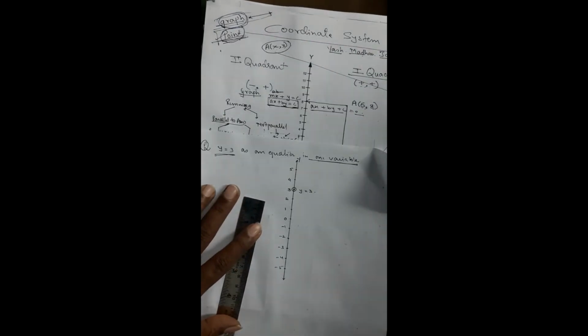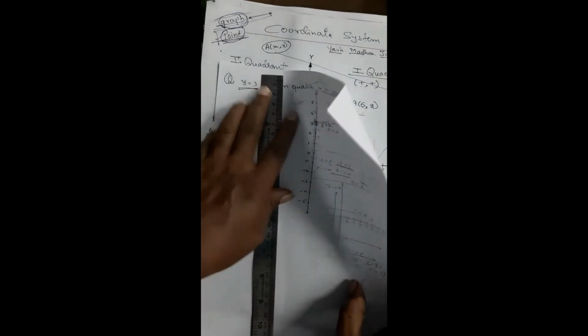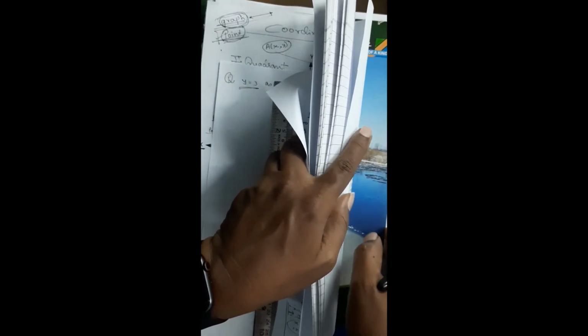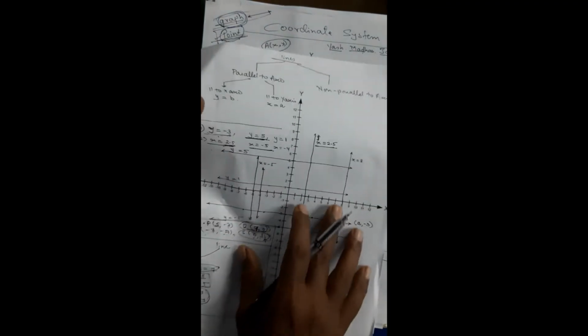But when they ask you to draw it in two variables, that is the second question. In two variables, you will have to take a coordinate system. I can draw it on this only. See, coordinate system. So it is y is equal to 3.